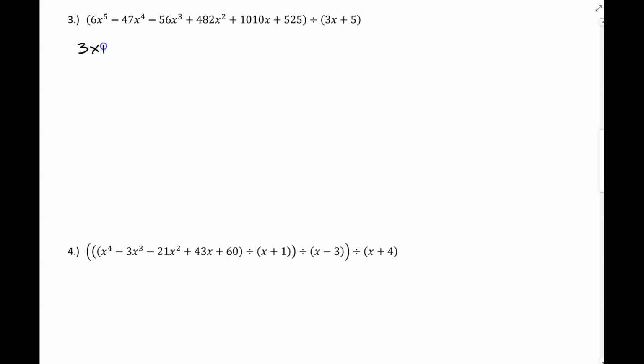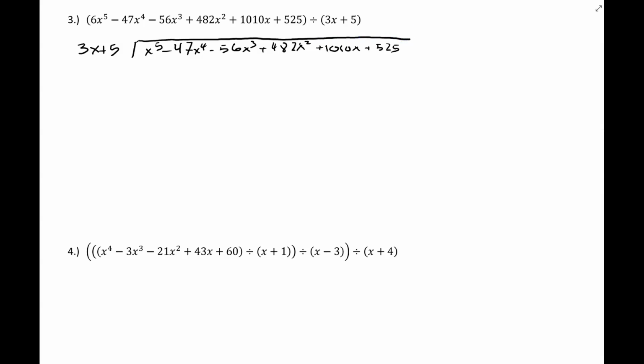I set it up by putting the divisor on the outside, and then the dividend goes under the division bar. And this one, although it looks pretty gross, everything works out pretty neatly. The numbers are maybe a little bit large, but the process, nothing weird kind of happens.